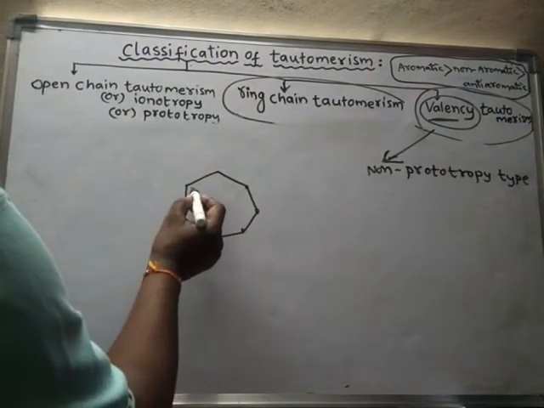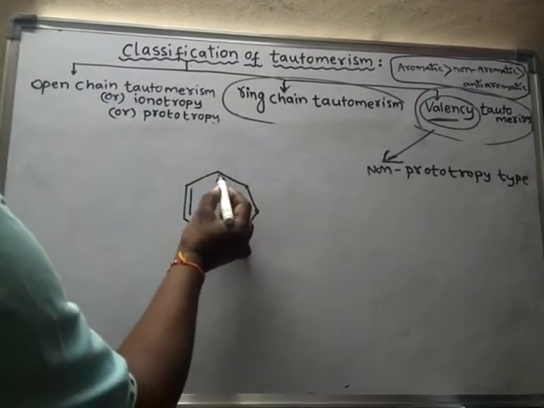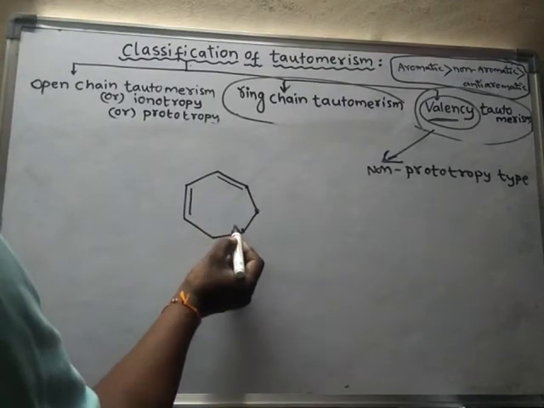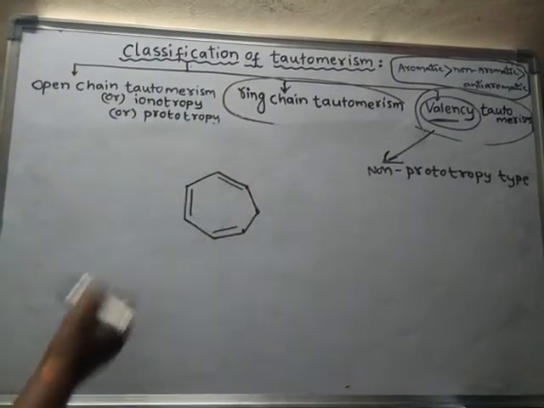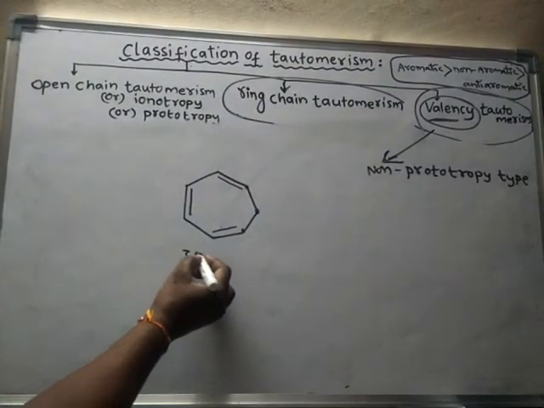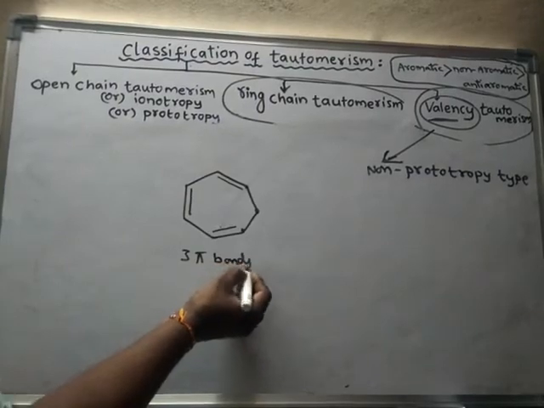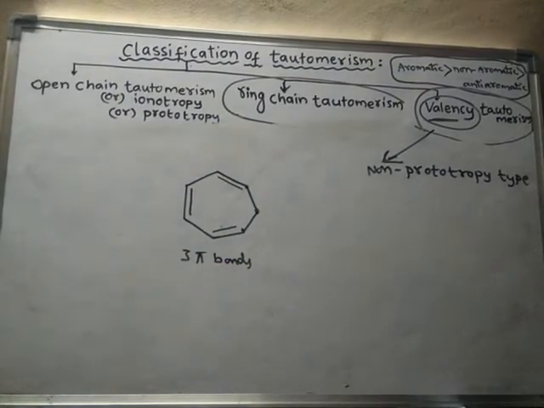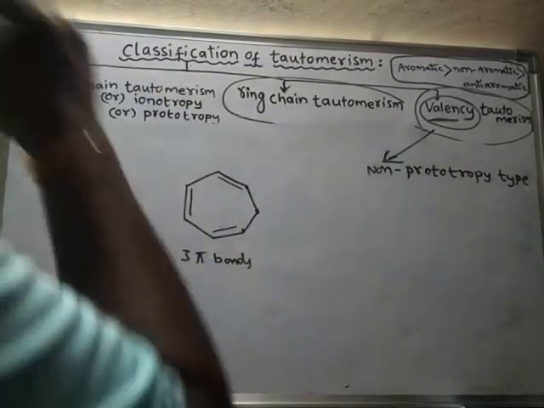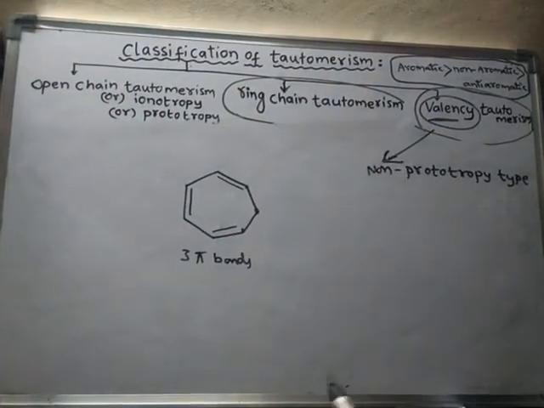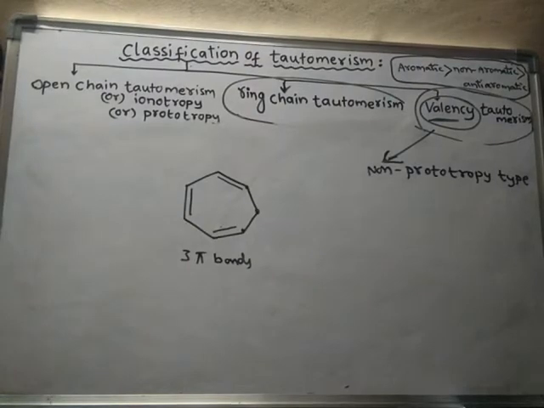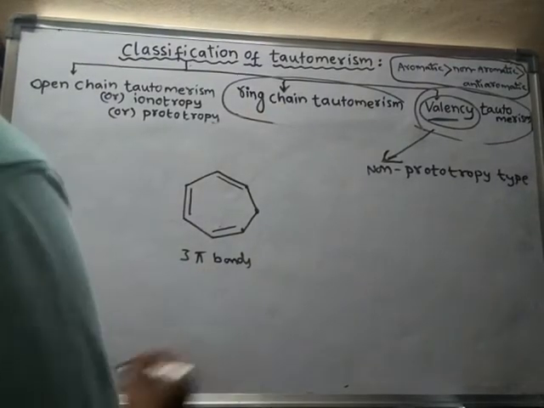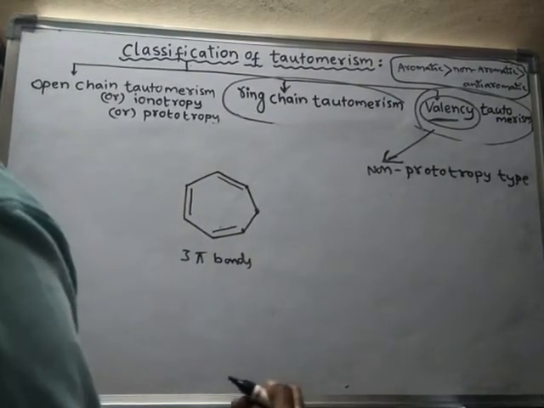Here this is a compound with 3 pi bonds. Valency means bonds, so the number of bonds will change. The 3 pi bonds are converted into 2 pi bonds and one sigma bond.